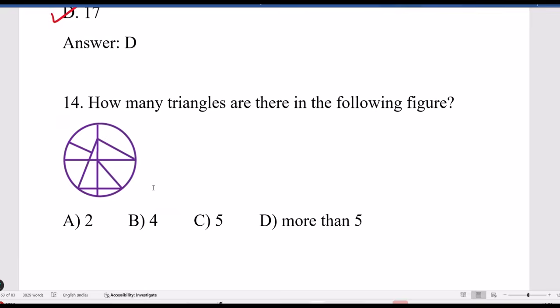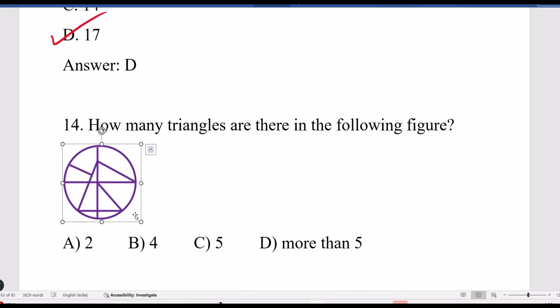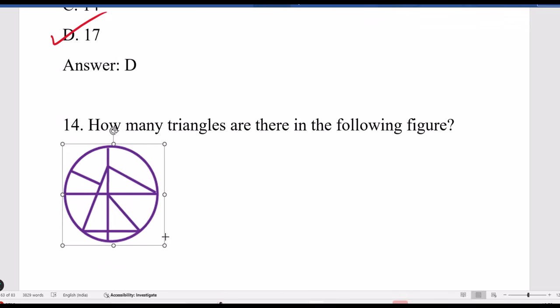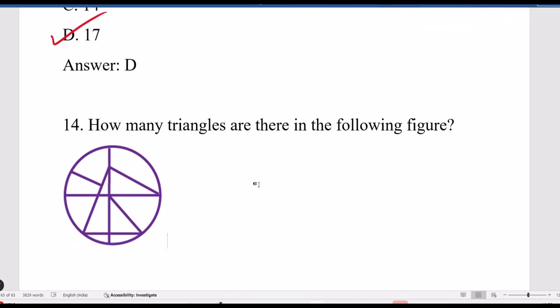Now, how many triangles in this diagram? They give options 2, 4, 5, more than 5. I'm just marking certain areas here, A, B, C, D. D is a triangle, C is a triangle, B is a triangle, A and D combined is one triangle.